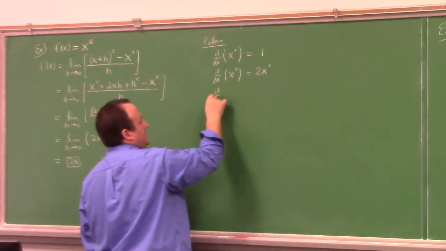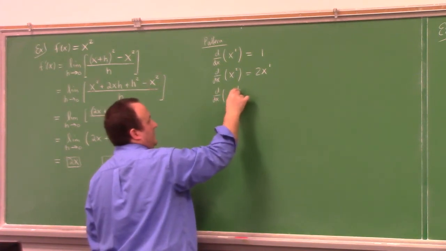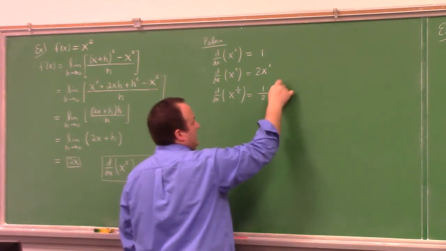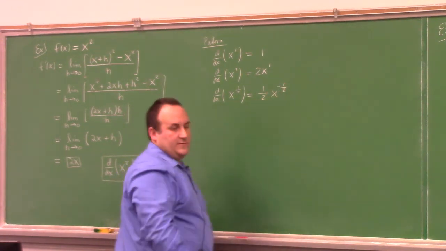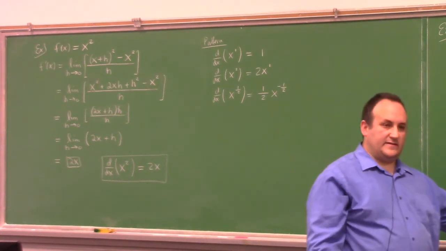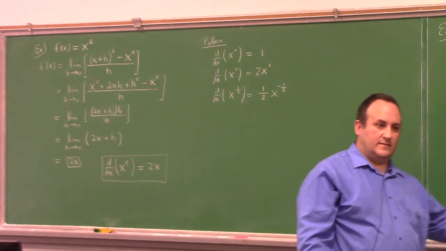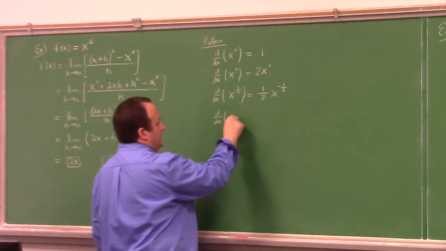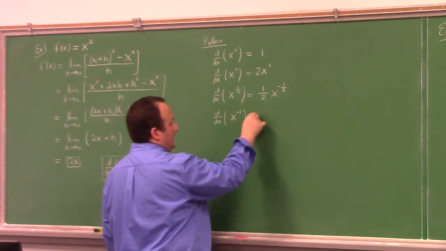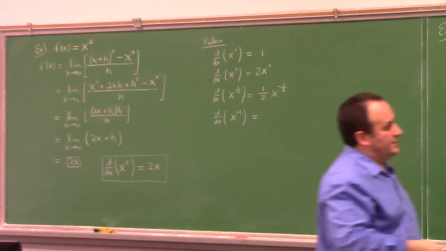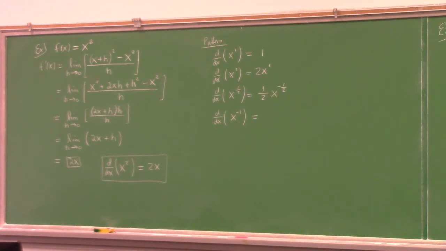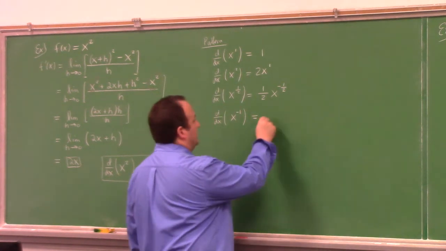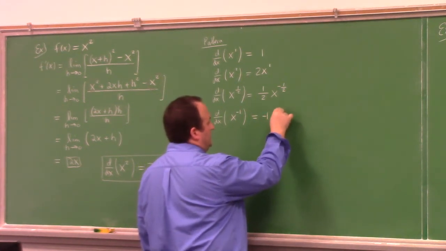The derivative of x to the 1/2 power was 1/2 x to the minus 1/2. The derivative of x to the minus 1 power, our example over here, was minus 1 over x squared, which is minus 1 times x to the minus 2 power.